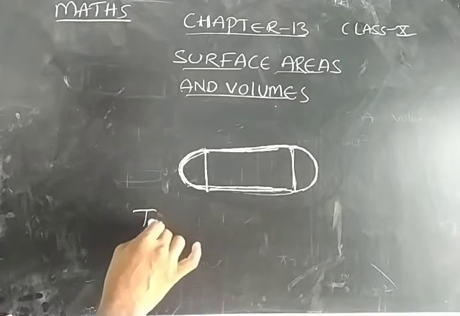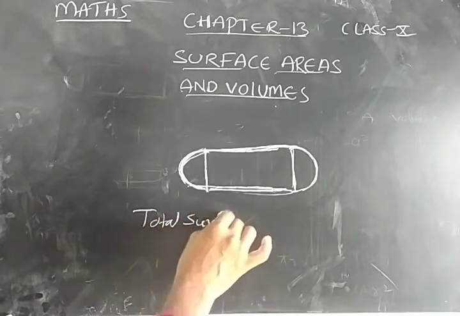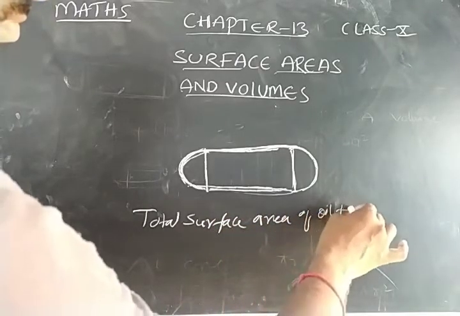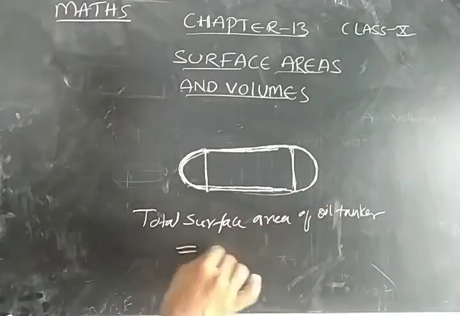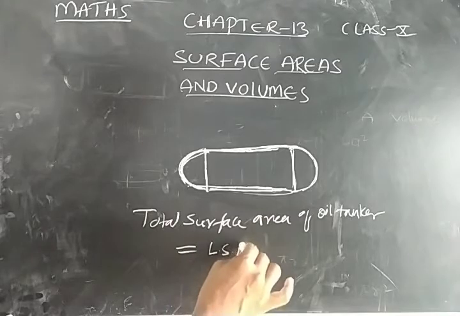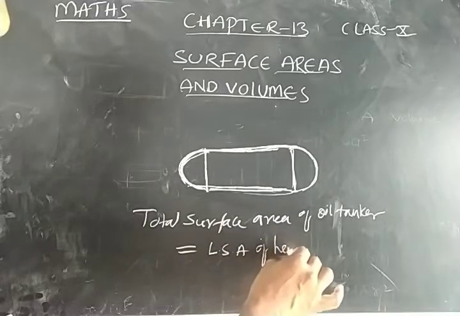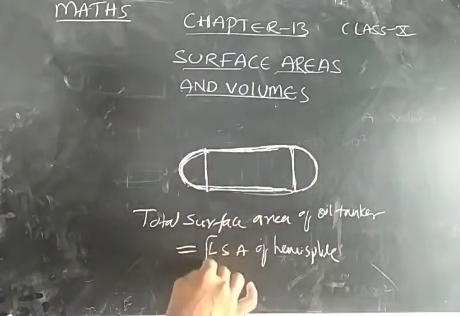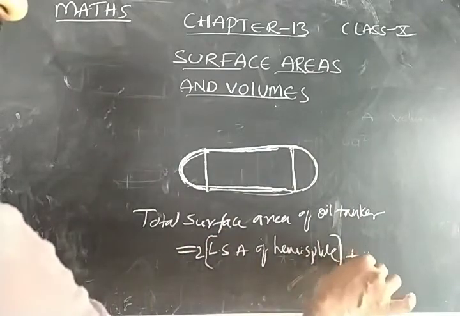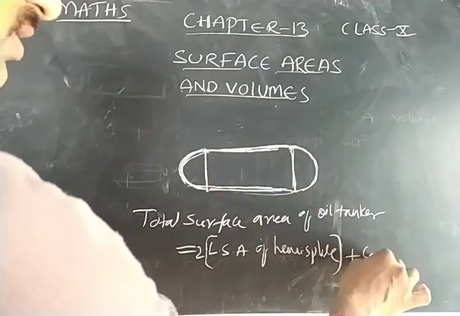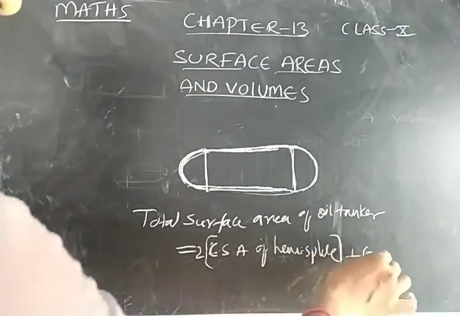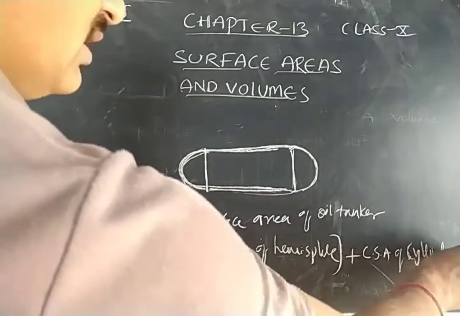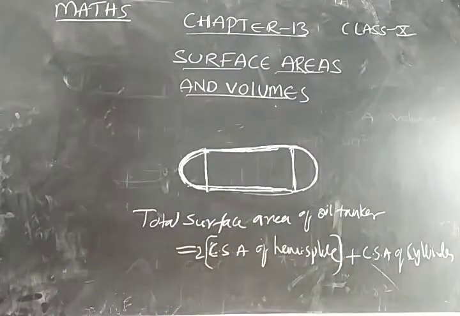So the total surface area of the oil tanker is given by twice the LSA of hemisphere plus the curved surface area of cylinder. By adding this you will get the total surface area of the oil tanker.